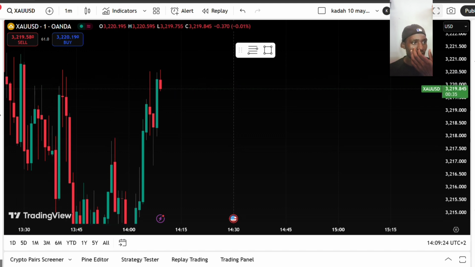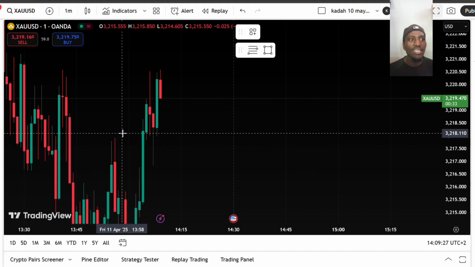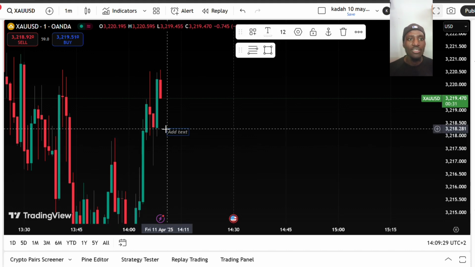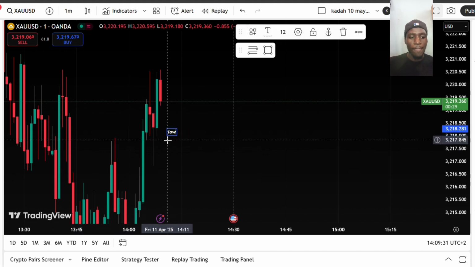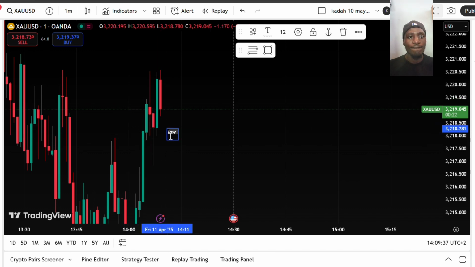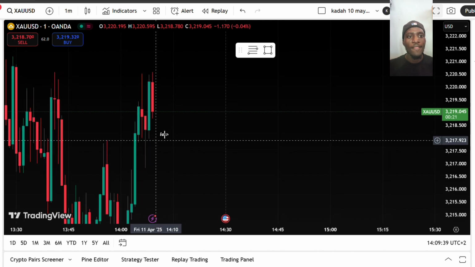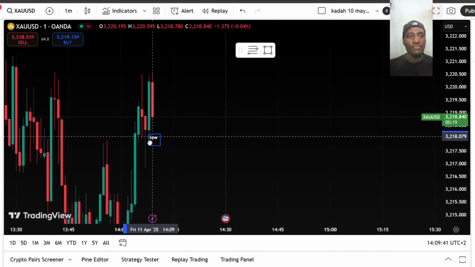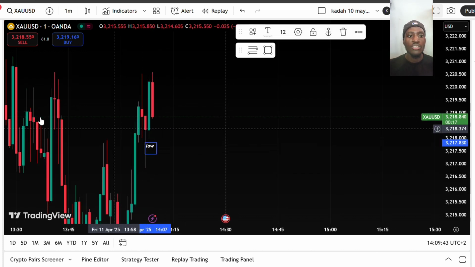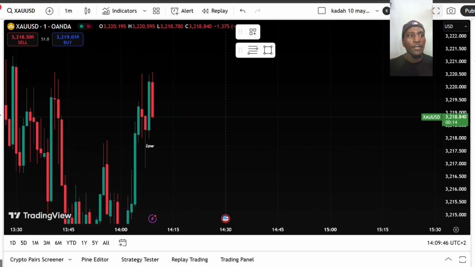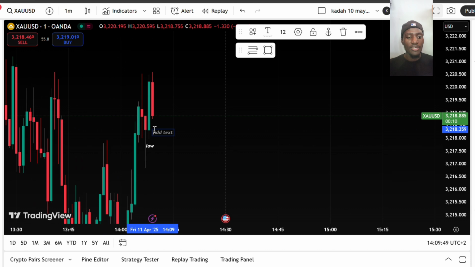So let's level this up. This was the low of the candle. And this was the open, right? We talked about this.